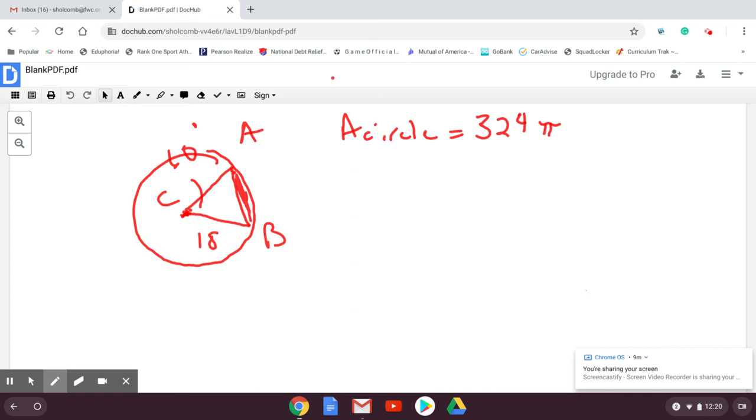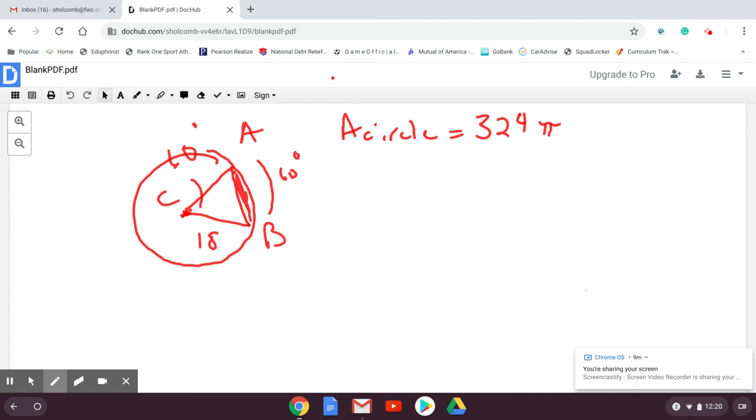All right. Well, we have to multiply that by our arc from A to B. Remember that the central angle forms the arc, and so this arc also has to be 60 degrees. And so we would take 60 divided by 360, which obviously simplifies down to 1/6.